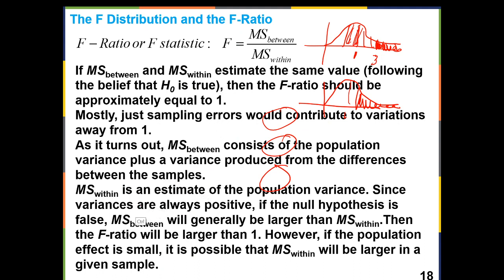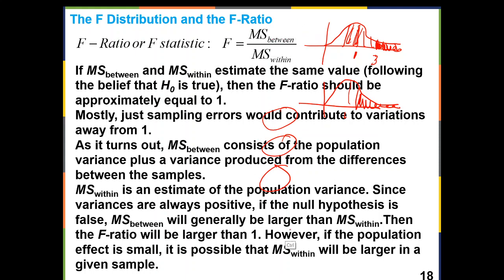All right, so MS within is an estimate of the population variance. Since variances are always positive, if the null hypothesis is false, then MS between will generally be larger than MS within. Sometimes, of course, it would be smaller, but in general, if the null hypothesis is false, this would be bigger than this.